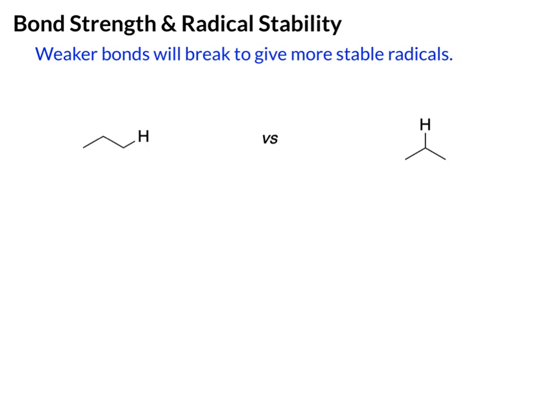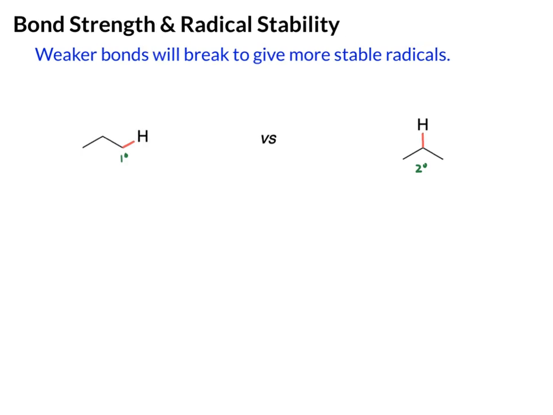One is on a primary carbon, one is on a secondary carbon. And the question is, which of these two CH bonds is stronger? So to figure this out, what you want to do is actually break this and look at the resulting products. So this is just kind of a hypothetical that we're doing.